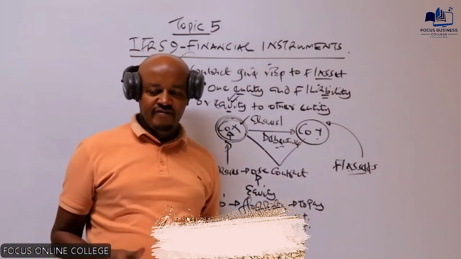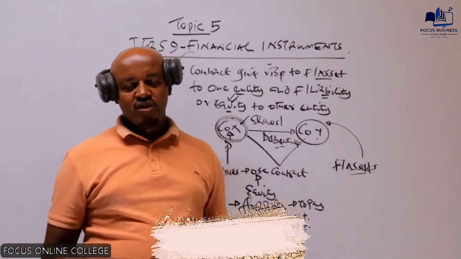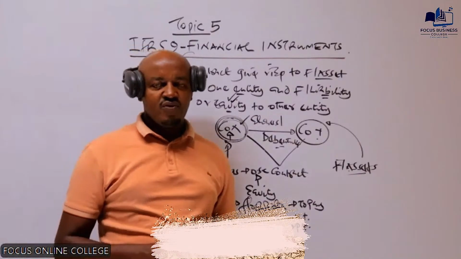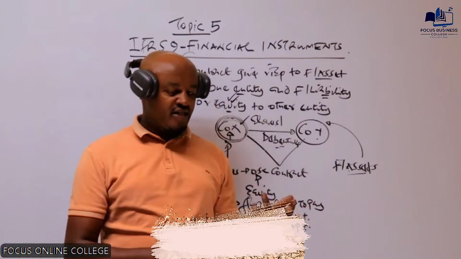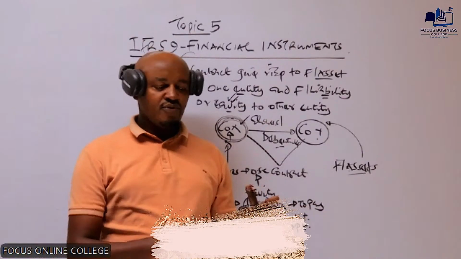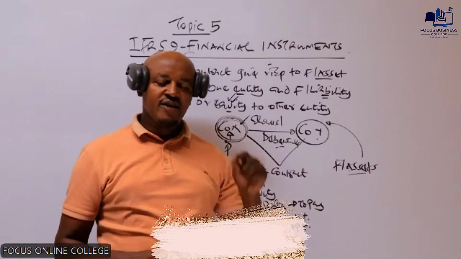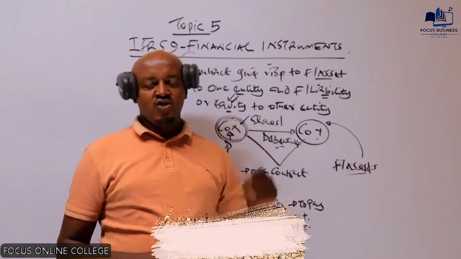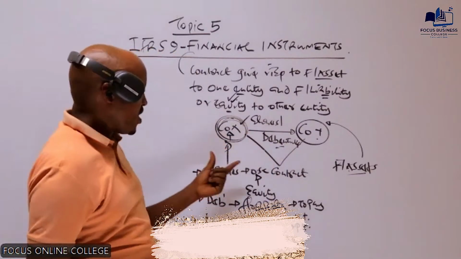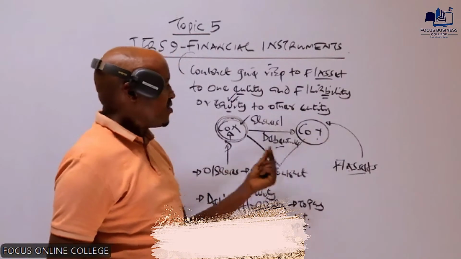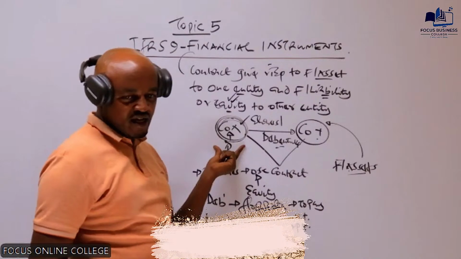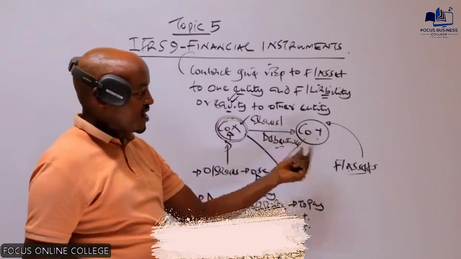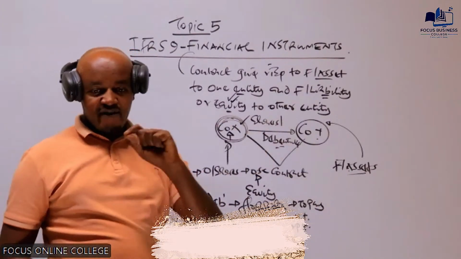Remember from what you did in financial accounting and financial reporting, there are different types of assets. We have property, plant and equipment, which are tangible, and current assets. We have intangible assets, and we also have financial assets. A financial asset is an investment in shares or debentures. So company Y will invest in shares or debentures issued by company X, and to this company that is a financial asset.